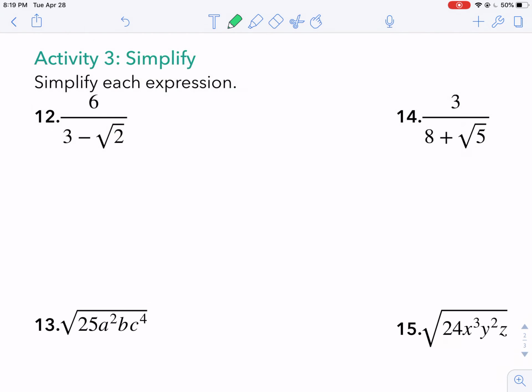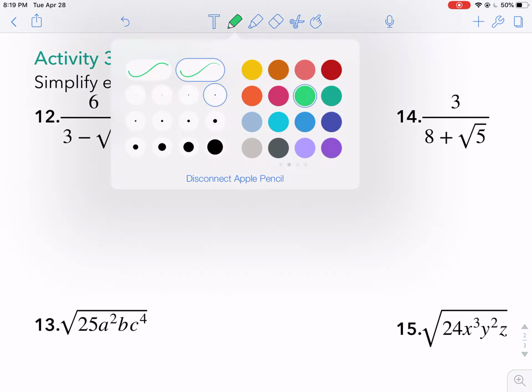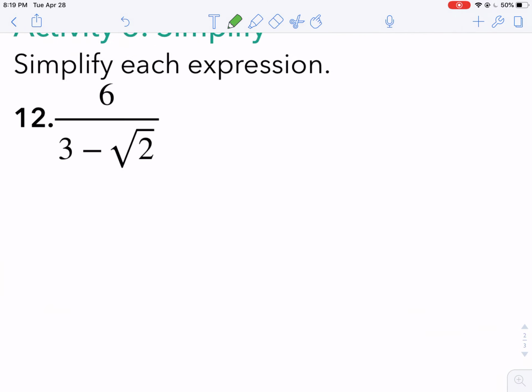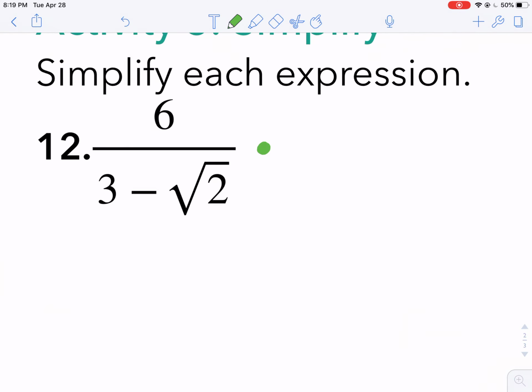If I want to simplify this, I will multiply by the conjugate, because I want to clean up this 3 minus the square root of 2. What is the conjugate of 3 minus the square root of 2? Good job. It's 3 plus the square root of 2.